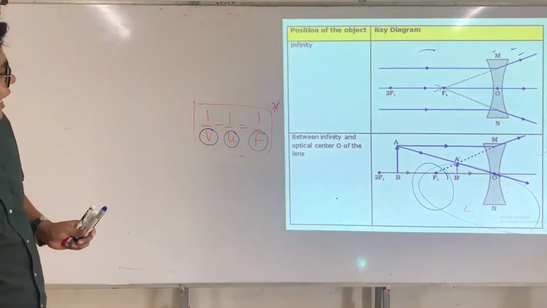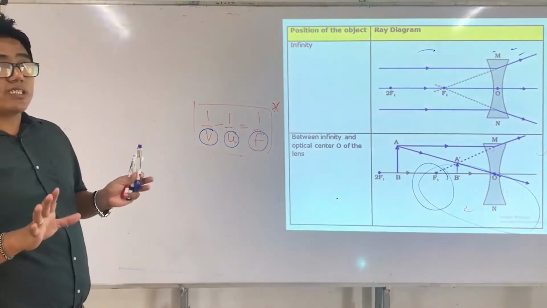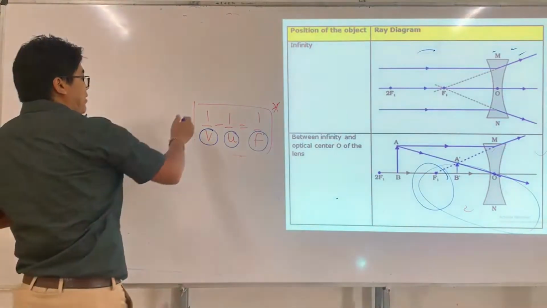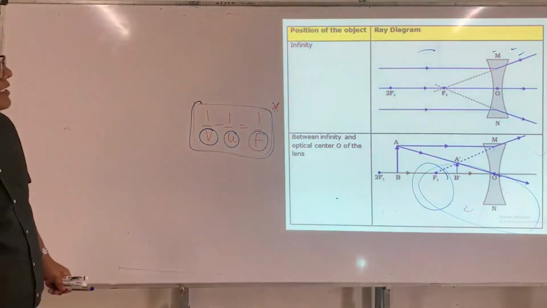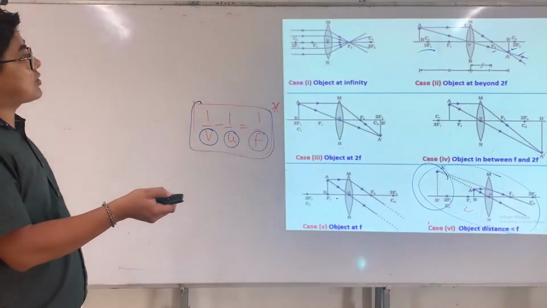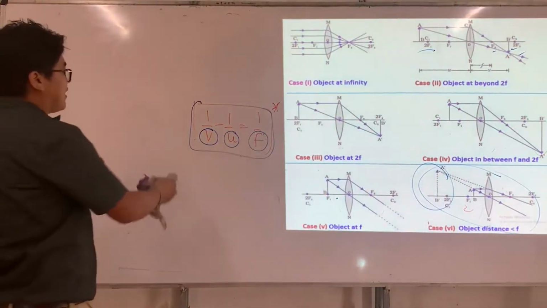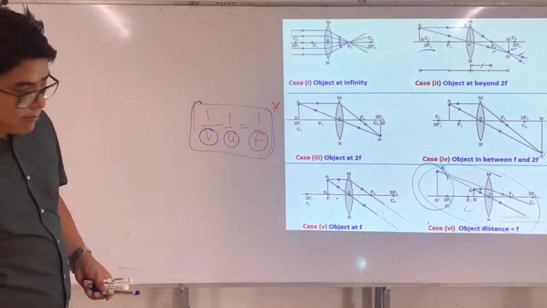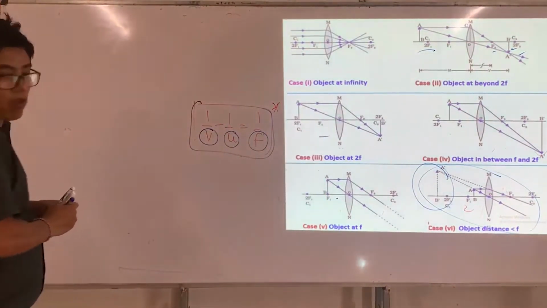And then one more thing I would like to tell you is, the entire image formation we discussed just now can be explained using this formula. Now let's talk about rectification. You can take any of these image formations.